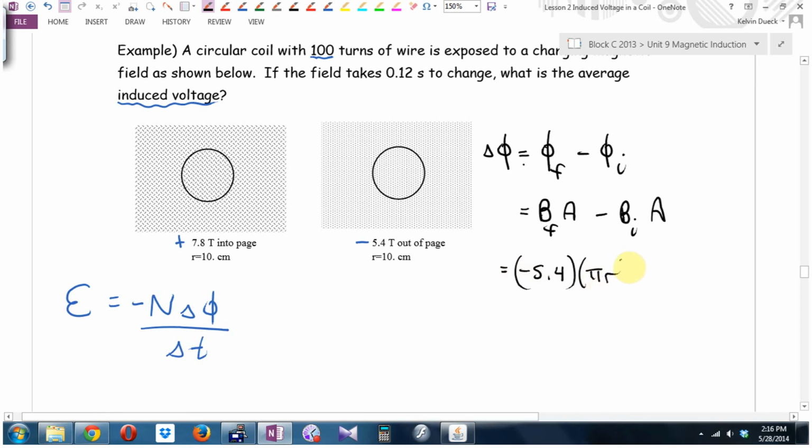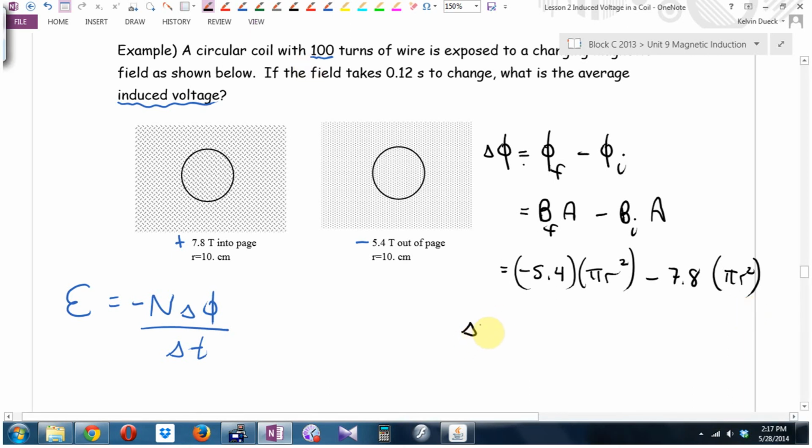Pi r squared minus, what's my initial flux? Sorry, my initial magnetic field. Positive 7.8. Area, pi r squared. Please tell me, did they give me r? Oh, 10 centimeters, 0.1.